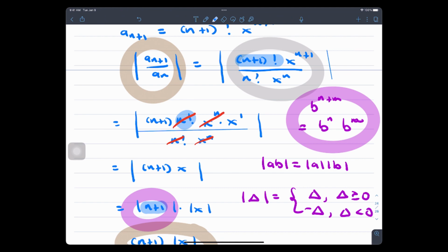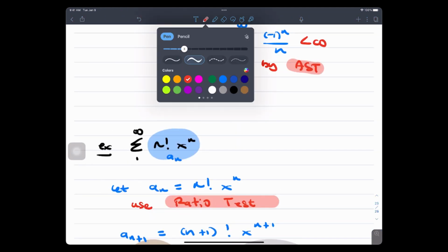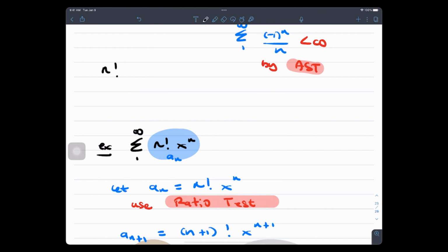Remember, what's the definition of factorial? You guys remember? Factorial: you start at n and you start counting backwards, down to 2 times 1. It's repeated multiplication. But if you start at n plus 1, how does that work?